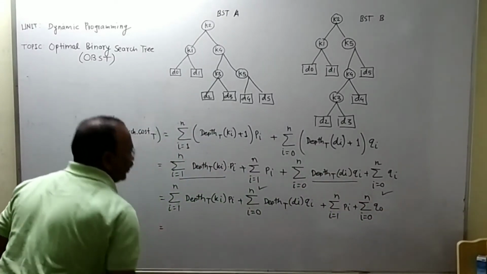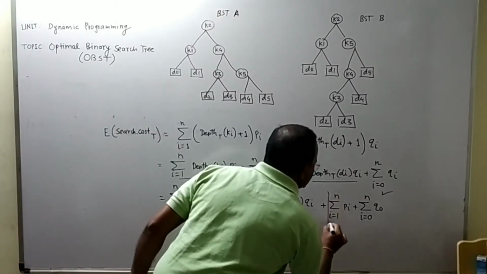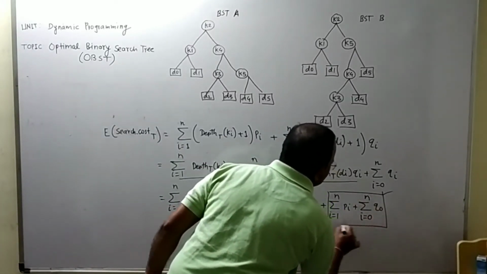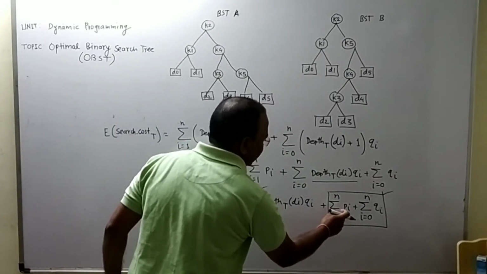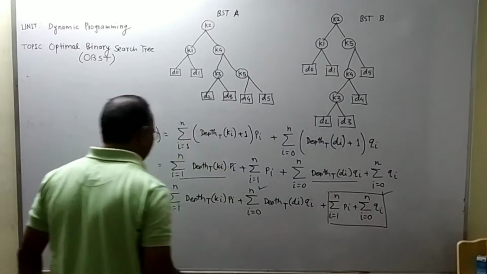We know that the maximum probability is 1, meaning adding probabilities Pi with Qi, so we get 1.